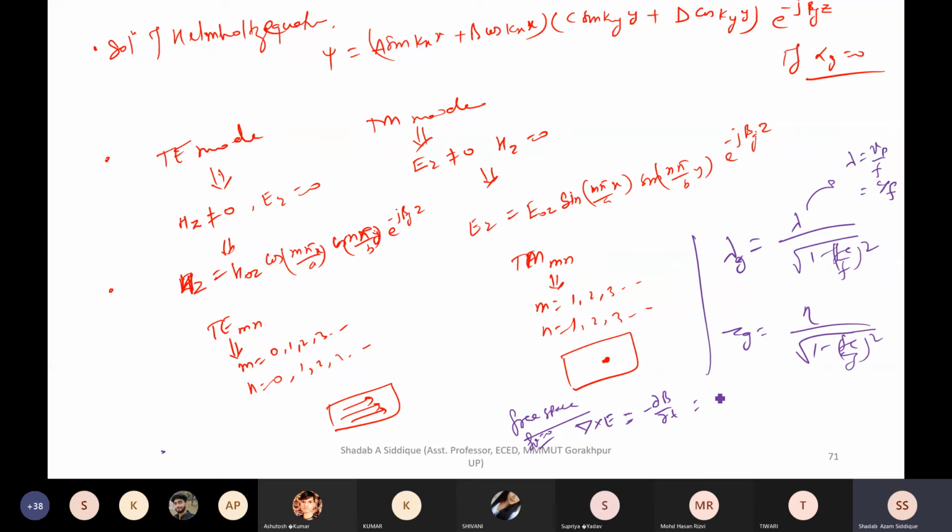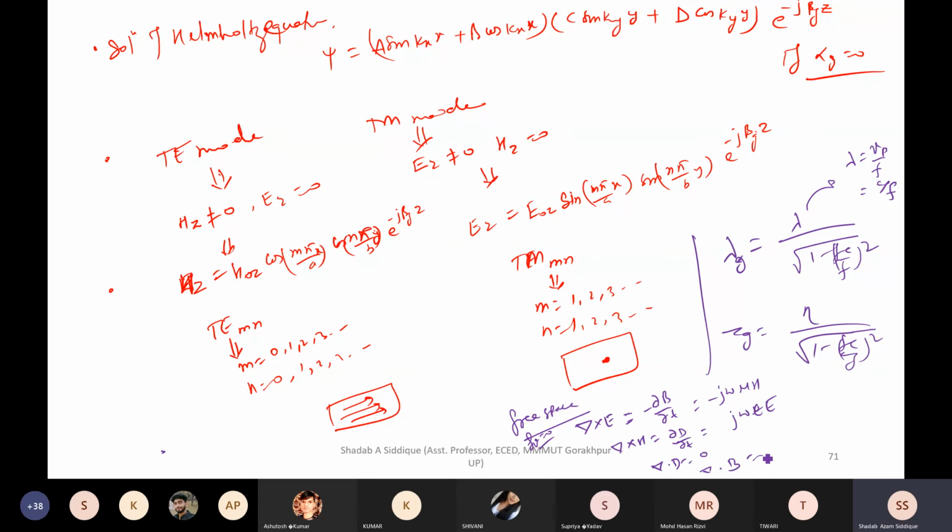And if you talk about the frequency domain, that comes out to minus j omega mu into H. Already we have that. And curl H is equal to J plus del D by del T. We are having free space, so del D upon del T, which comes out to be j omega epsilon into E. And we had divergence of D equal to 0 because rho v is equal to 0 for the free space, and divergence of B is equal to 0, always.